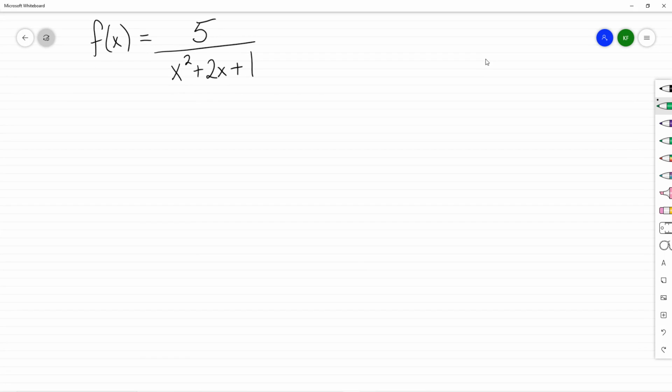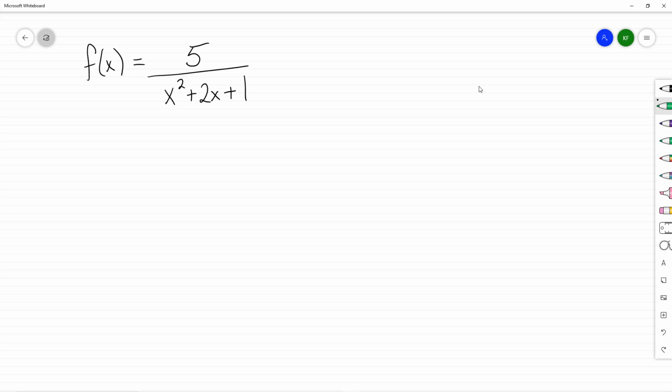And then last but not least, remember if I have a constant on the top, we have an invisible x to the 0 that exists. Why? Because x to the 0 is 1. So if you're wondering where that's coming from. So what I really have is the bottom is 2. The bottom degree is bigger than 0. So again, our horizontal asymptote is at y equals 0. So that is case 1.